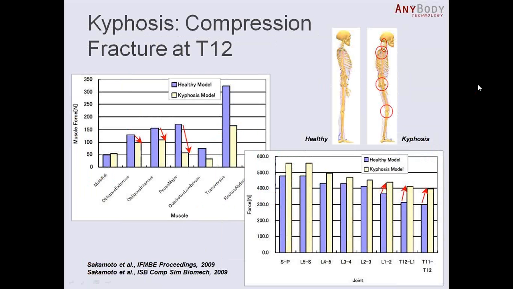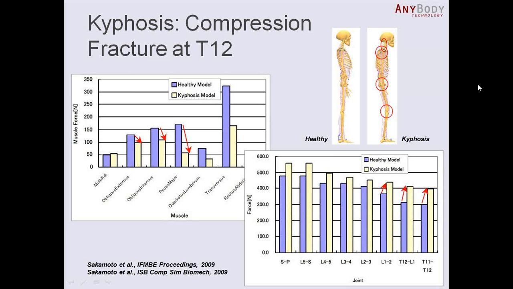Let's switch over now to the sagittal plane and look at some work reported by Sakamoto and co-authors who investigated kyphosis due to T12 compression fracture. They used simulation to study the compensatory posture observed in these patients, and that posture is illustrated by the AnyBody model on the top right of the slide for the kyphosis condition.